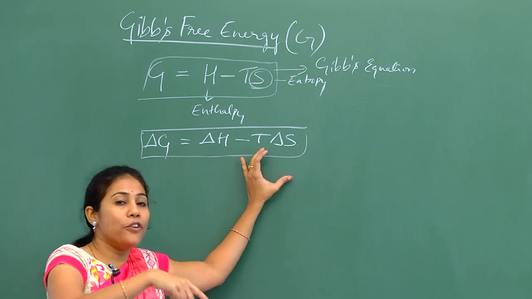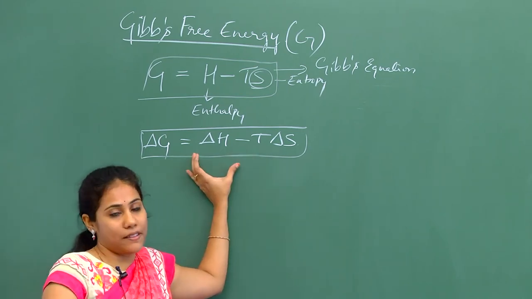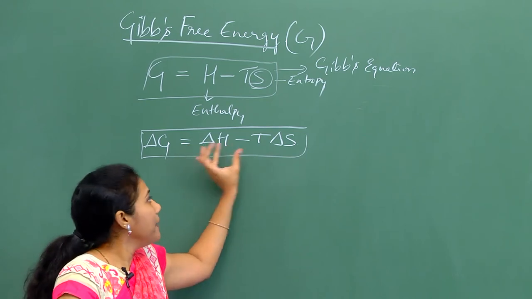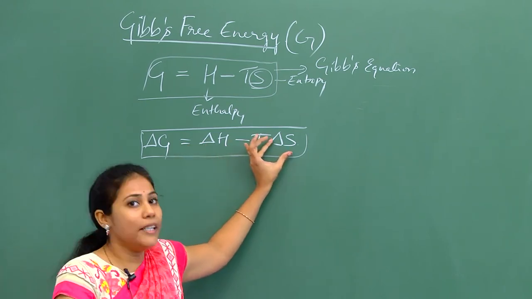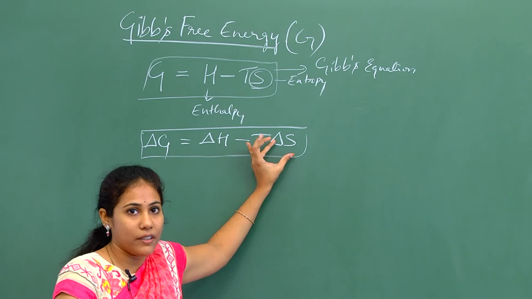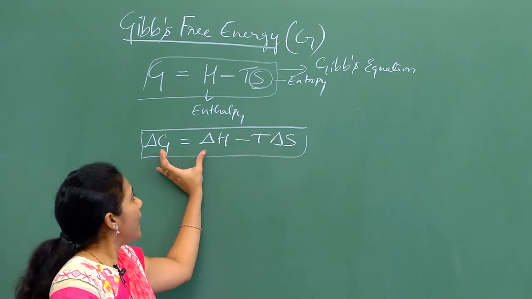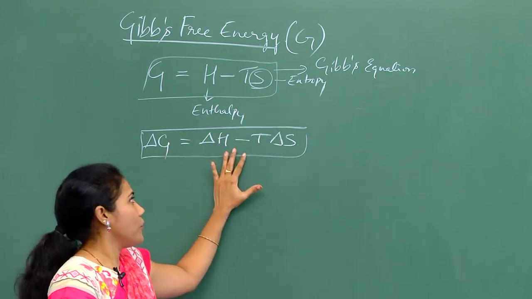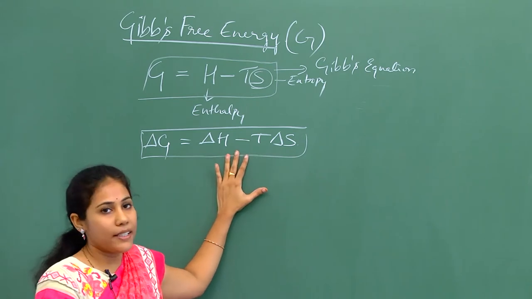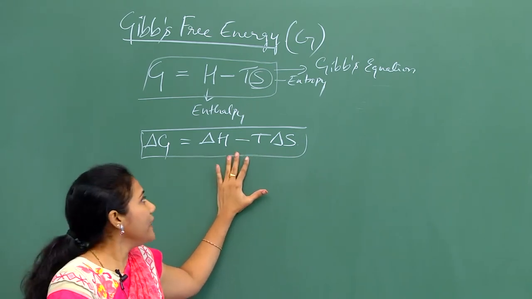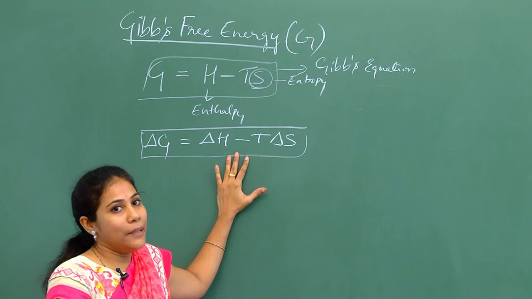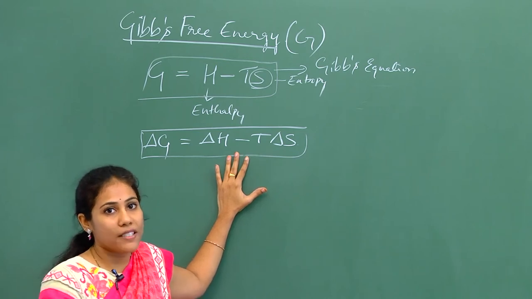We can observe only the change in Gibbs energy, change in enthalpy and change in entropy during a reaction. So I can write the Gibbs equation like this also. This is what we prominently use in chemistry. Very important equation, which you will keep using from now onwards.